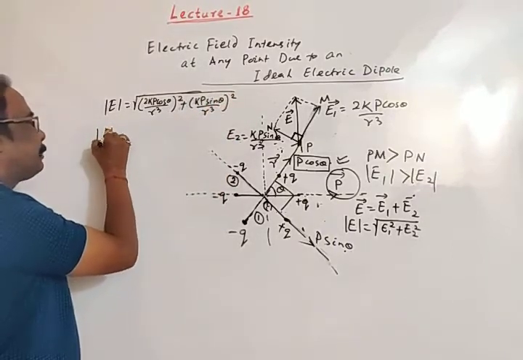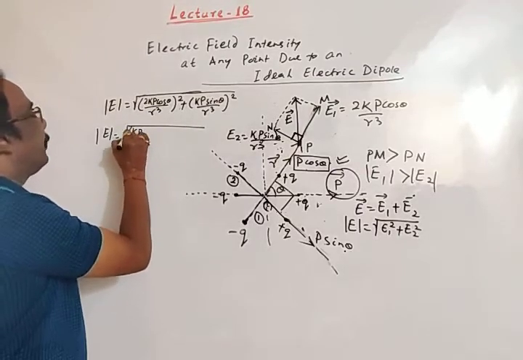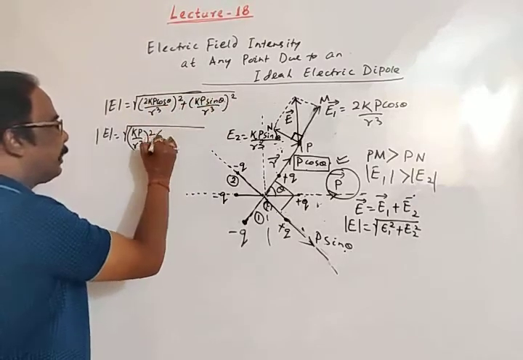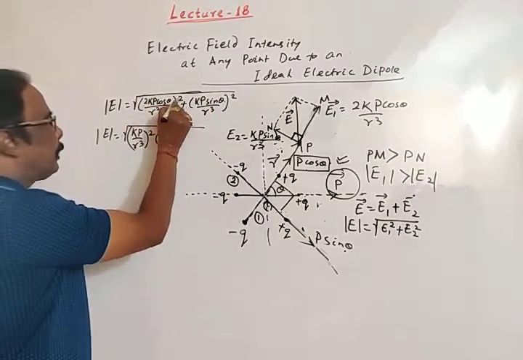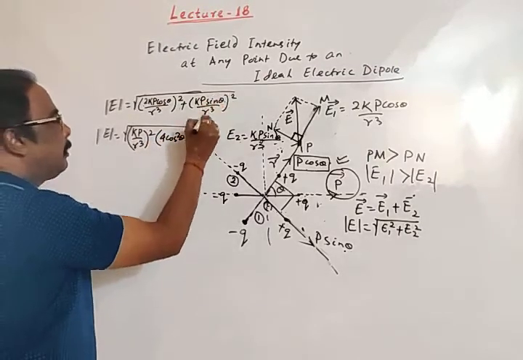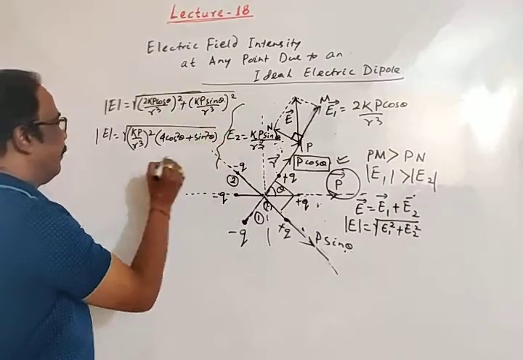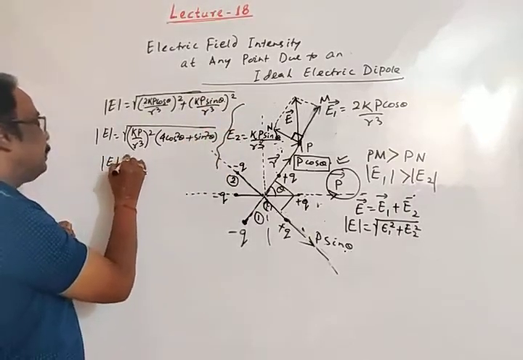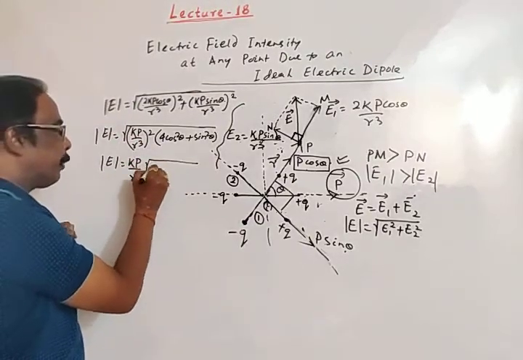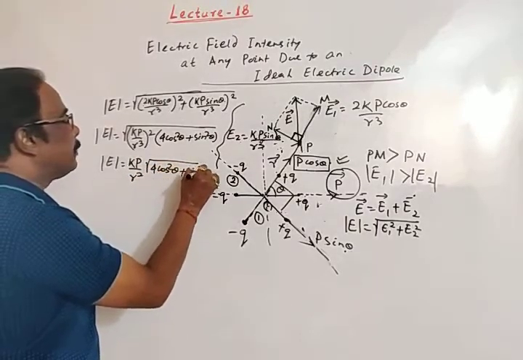Then the magnitude of the resultant field intensity is (kP by r cube) square, times inside the bracket (2 cos theta) square, means 4 cos square theta, plus sin square theta. Then bringing kP by r cube outside, we get the square root of 4 cos square theta plus sin square theta.